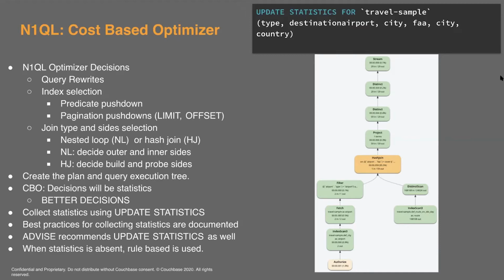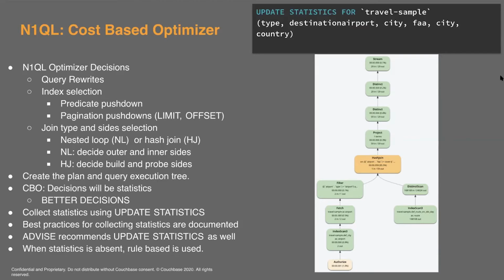The third thing the optimizer decides is, if you have a join specified in your query, whether it uses the nested loop or the hash join implementation. For certain types of queries, nested loop is better. For queries with larger amounts of data processing, and if it qualifies for a hash join, you need to have an equality predicate for it to qualify for a hash join, so it considers that as well.